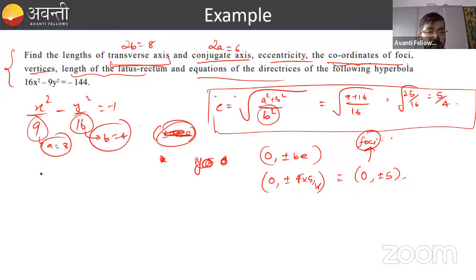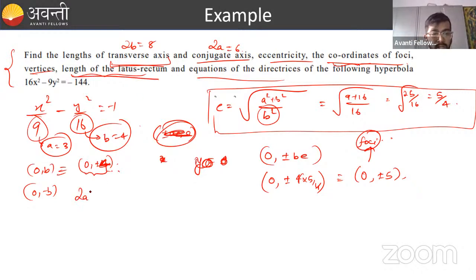Vertices are 0 comma b and 0 comma minus b. So vertices will be 0 comma plus minus 4, since b is 4. Now, the length of the latus rectum.